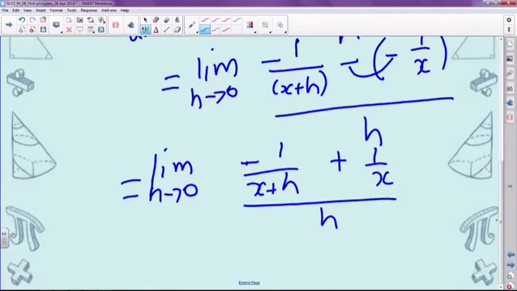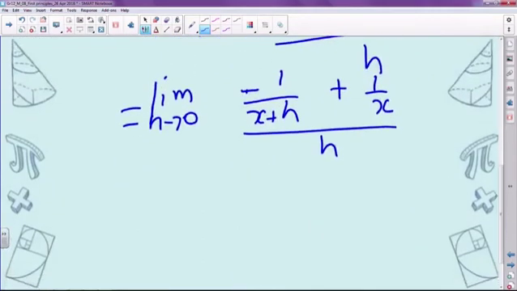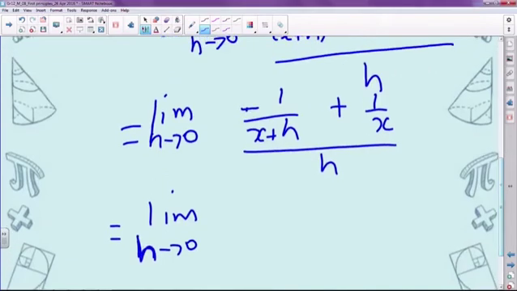If you look at your numerator now, what you're dealing with is the subtraction of two fractions. At this point, we're not even thinking about calculus. Here it's just algebra. If I want to add the terms in the numerator, I need to find an LCD. My LCD is going to be a combination of x and x plus h, so the LCD in the numerator will be x times x plus h.